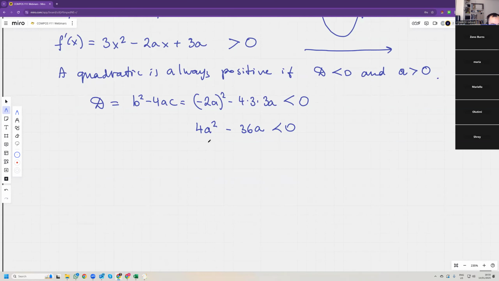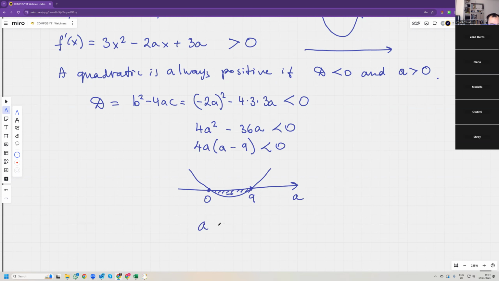Take 4a out. So a minus 9, less than 0. And it's less than 0, so that's 0 and 9. So it's negative here. Okay. It's negative between 0 and 9.